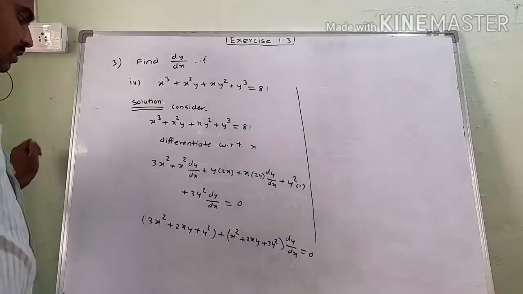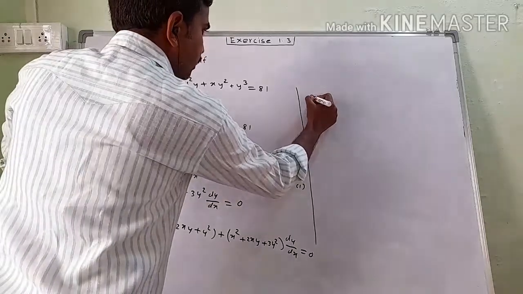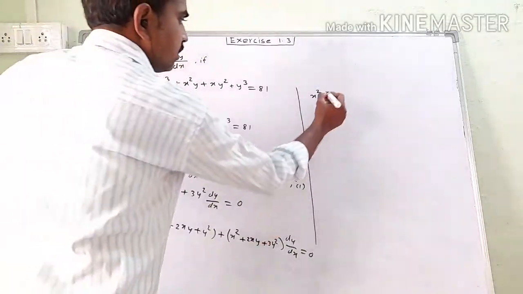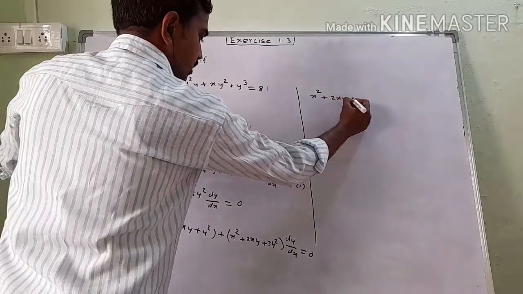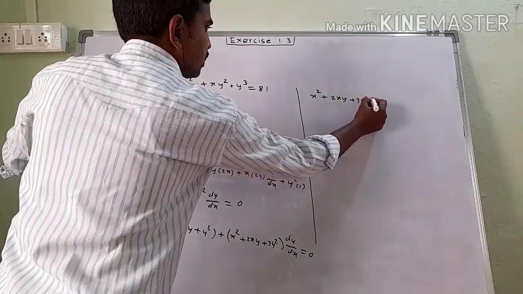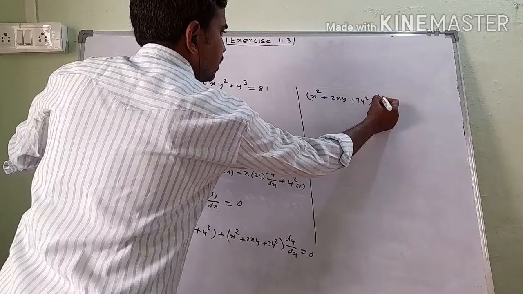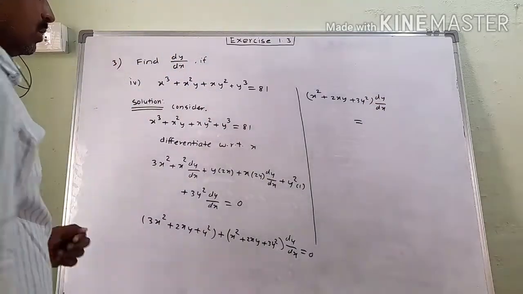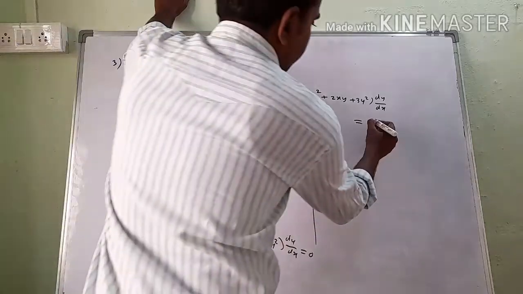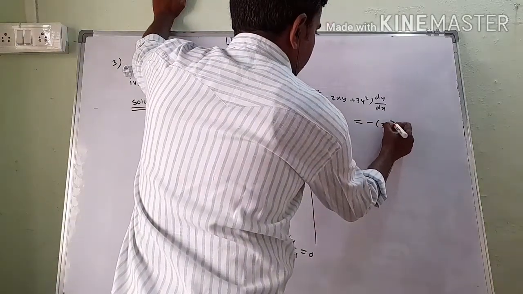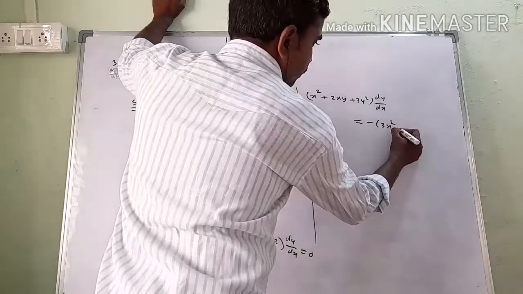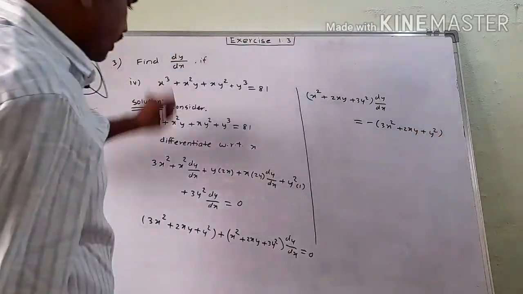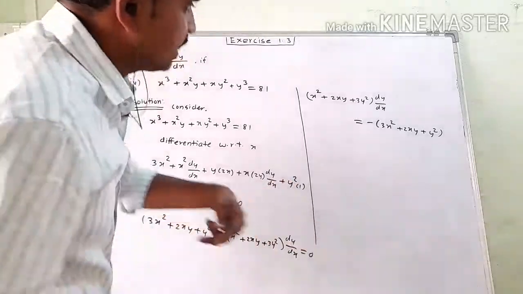Now we have to calculate the value of dy/dx. Therefore we get (x square plus 2xy plus 3y square) into dy/dx. We calculate the value of this term as equal to minus (3x square plus 2xy plus y square); we have taken this bracket to the right side.